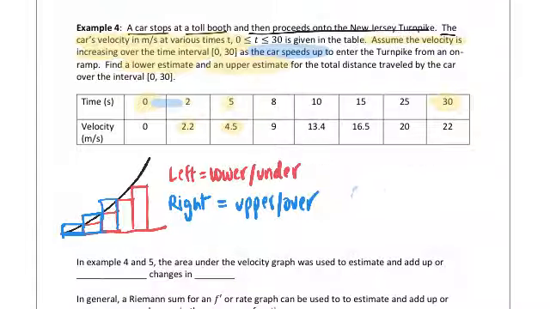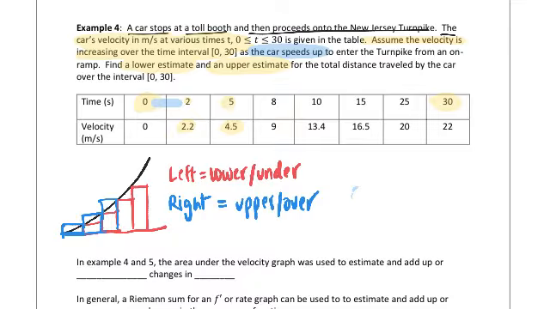I'll just give you the final answer here. You're going to do L7 for the underestimate. Careful here, by the way, these delta x's are not the same.